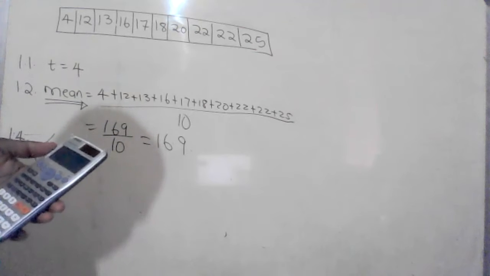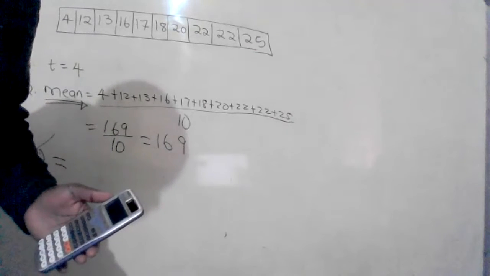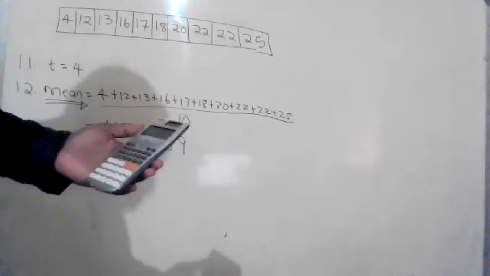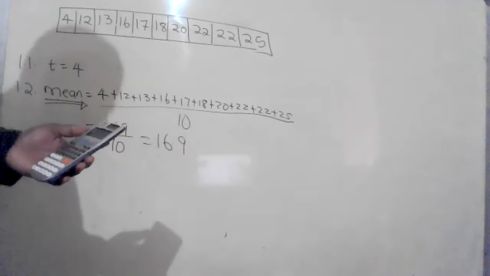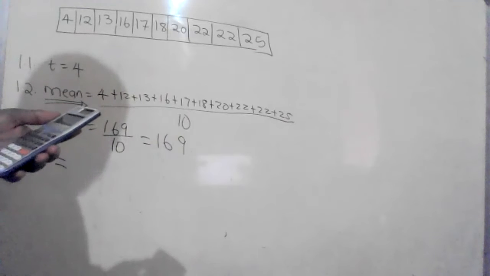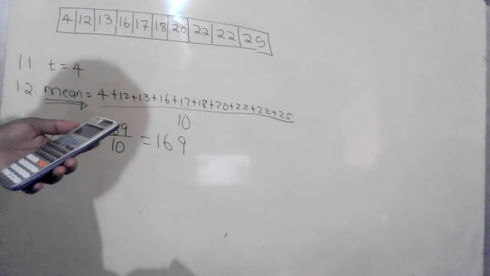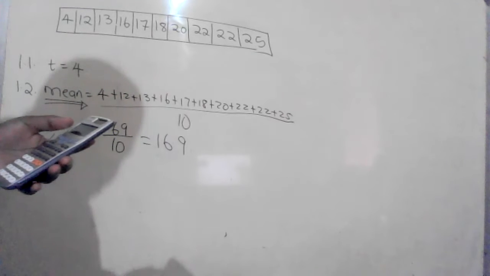Mine is 2. My stat is 2. Oh, it's option 2. Yes, then press option 2. So when you press option 2, what do you see? I see 1, a colon, then there's 1 minus var.